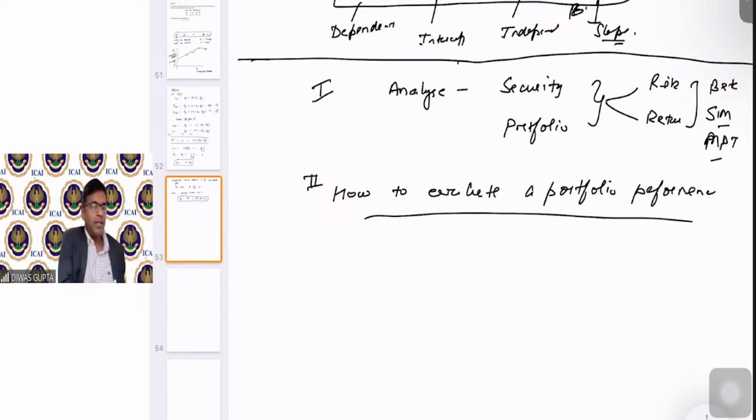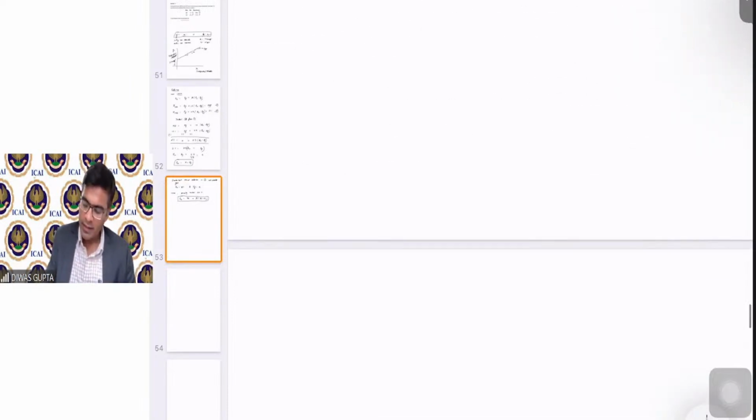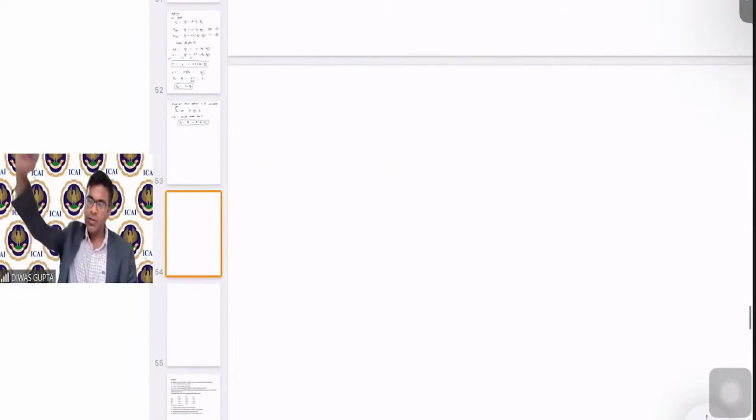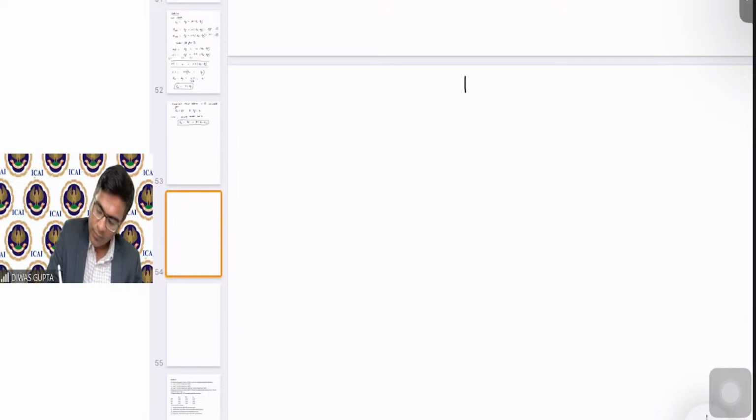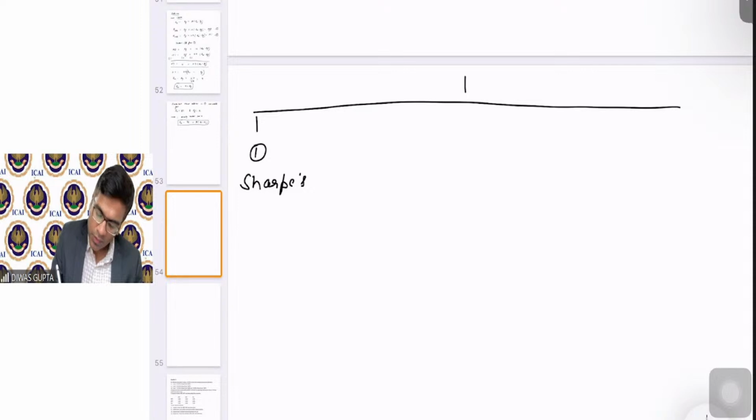Yes, students. So please understand. I will start writing it. There are three techniques. One is Sharpe's ratio. I'm putting second here and third I will put later on.